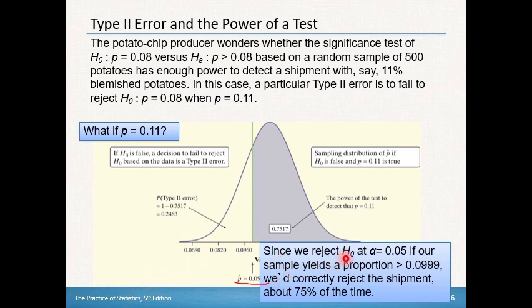Since we reject H naught at an alpha level of 0.05, if our sample yields a p hat above basically 10%, we'd be correctly rejecting that shipment at an 11% blemish rate 75% of the time. So that's exactly what we're talking about when we talk about power.